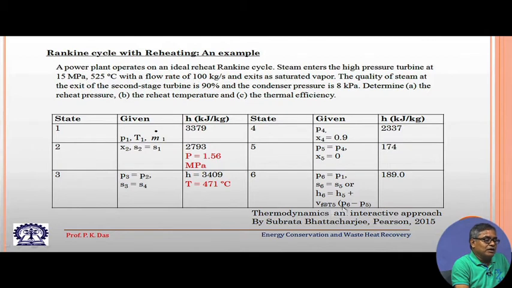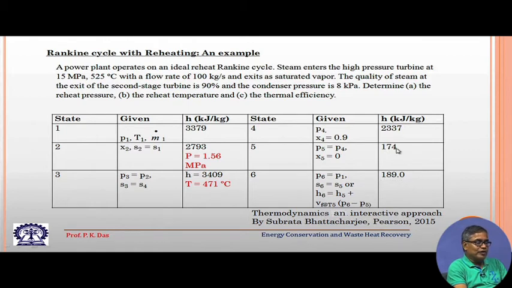For calculating the pump work, we have taken the pressure difference between the boiler and the condenser and multiplied it with the specific volume of the liquid at state 5, because it is at saturated liquid condition. This is what I have explained earlier also.